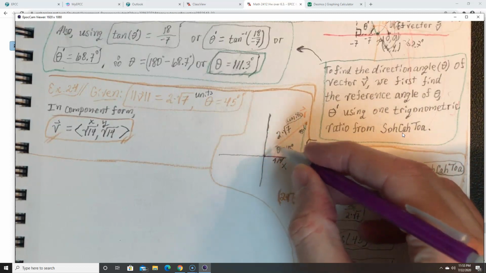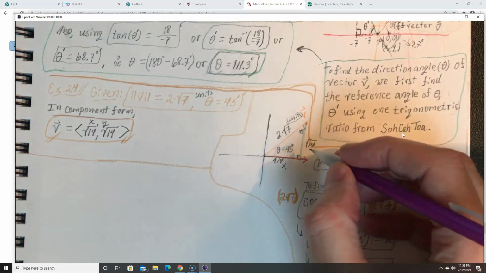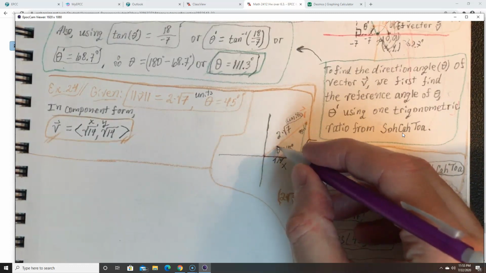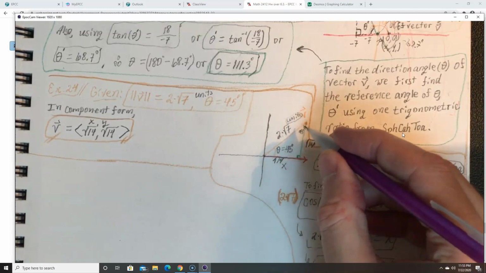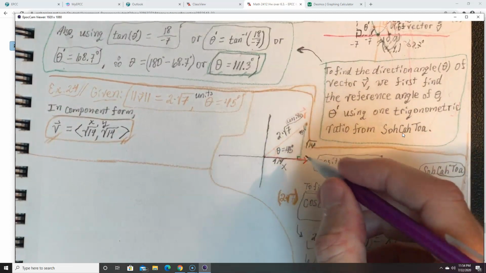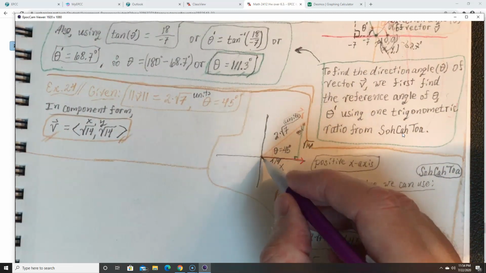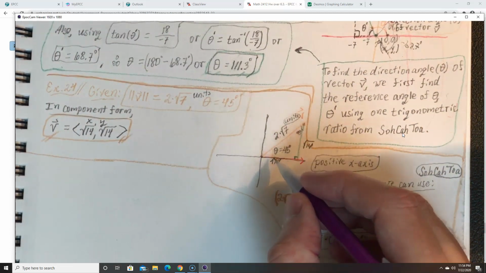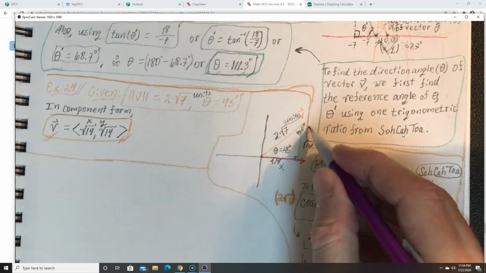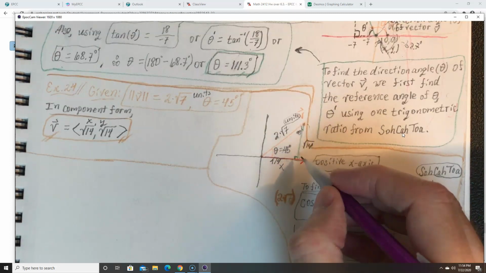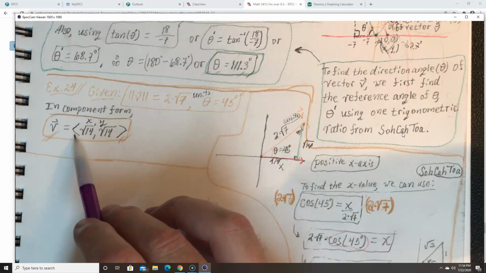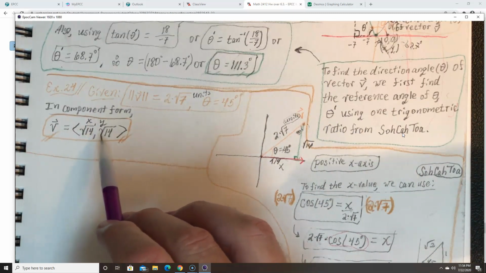And therefore, how can we write vector v, whose direction angle is 45 degrees and is 2 times the square root of 7 units long in magnitude, in component form in standard position from the origin? You say move horizontally square root of 14 units, then move vertically the square root of 14 units. So in component form, vector v is the vector with components square root of 14, comma, square root of 14.